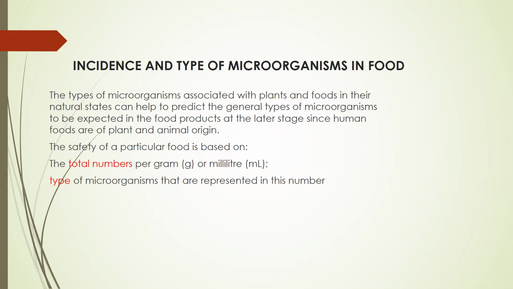If I now put it in a cup and leave it on the bench for 6 hours and I isolate again, the total number of organisms I will see per meal will be more, because it has been exposed and contaminated. And this will also show that different types of microorganisms are now present in that product.